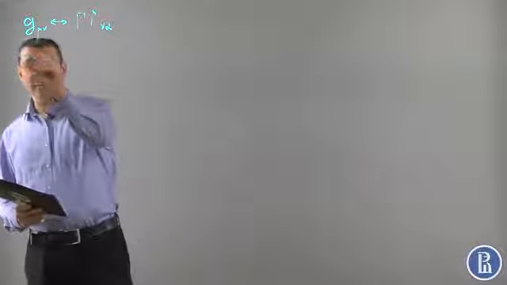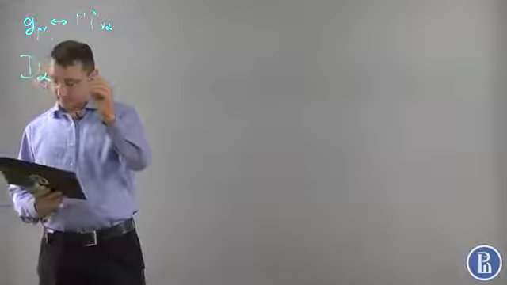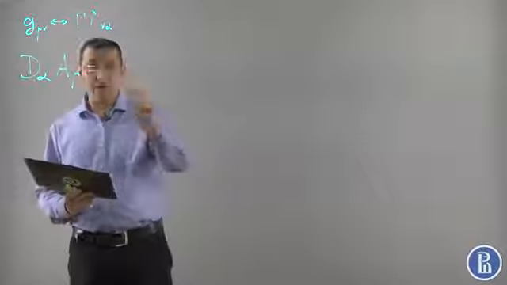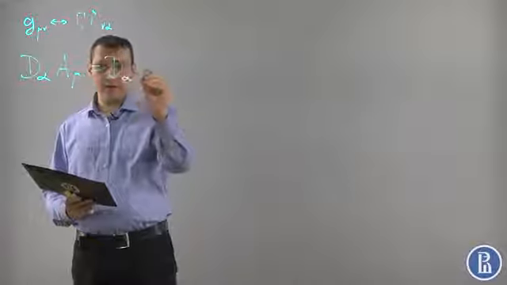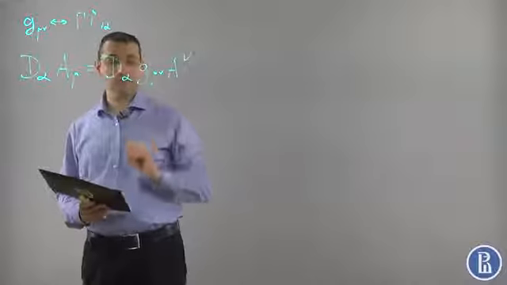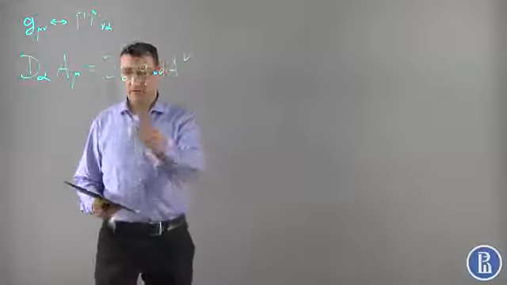So let us see how it happens. Consider the following covariant derivative of a vector A mu. One can write it like this: d alpha of g mu nu A nu, using just the definition of this.